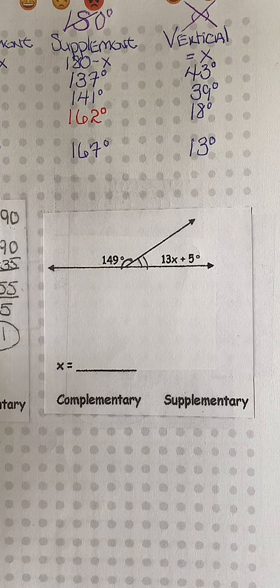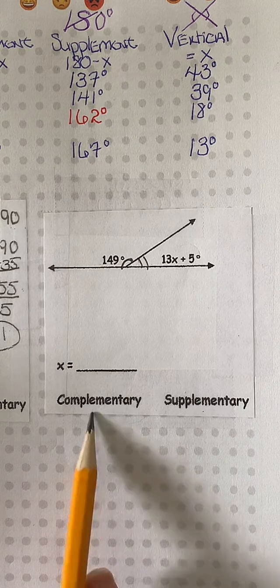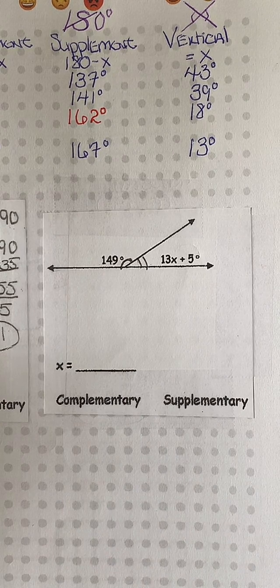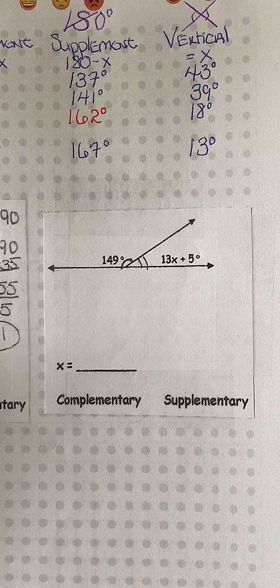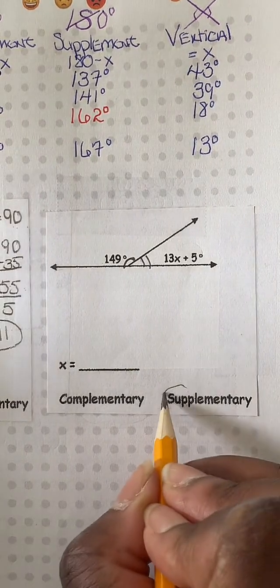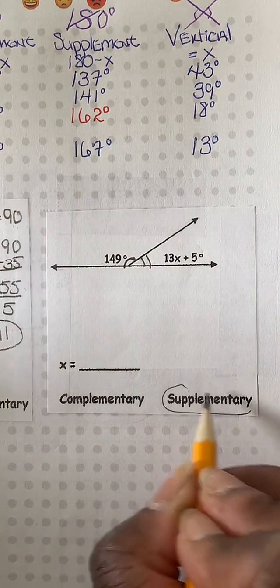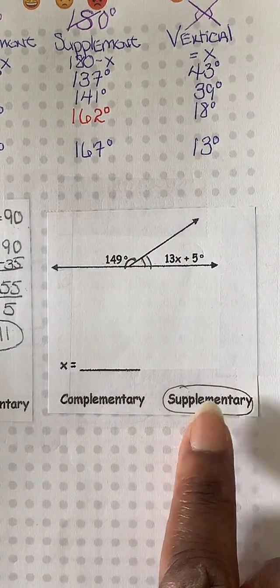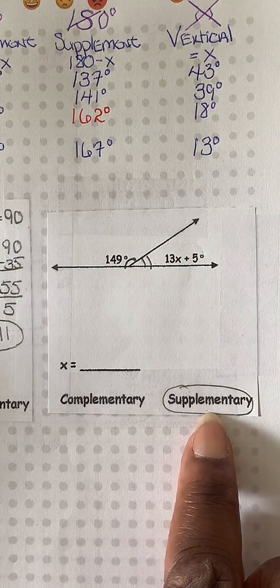You can just say C for complementary and S for supplementary. You don't have to write the whole thing out. Okay, so I got S, S, S. Good. So, supplementary angles, anything that's going to form a straight line, linear pairs are going to be supplementary.